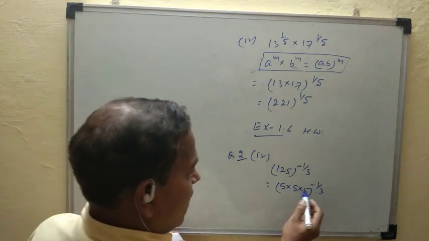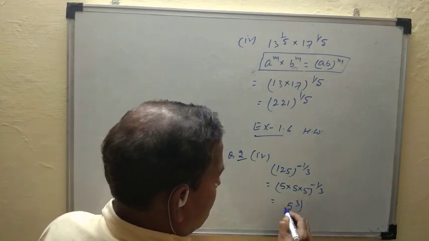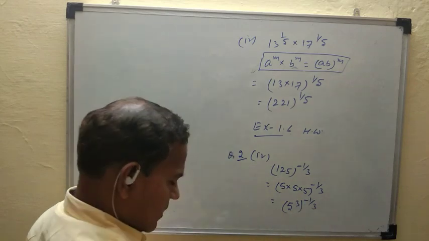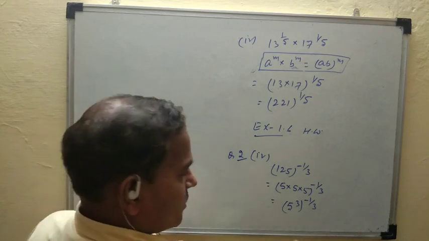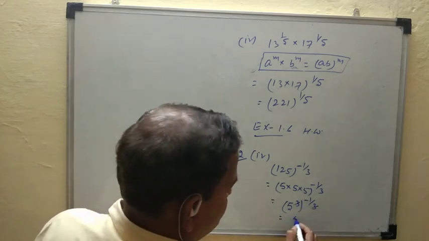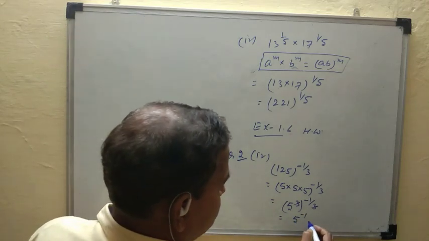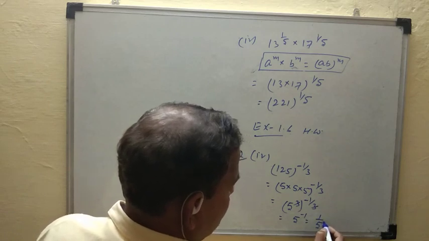So 5 into 5 into 5 can be written as 5 to the power 3, and whole to the power minus 1 by 3. Now both powers multiply, so this 3 cancels also. So this equals 5 to the power minus 1, and taking this term to the denominator, this can be written as 1 by 5 to the power 1.